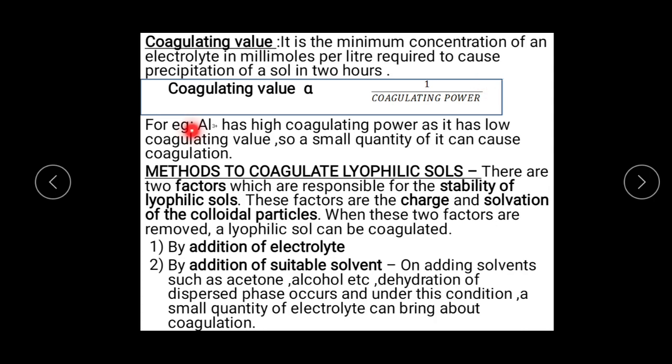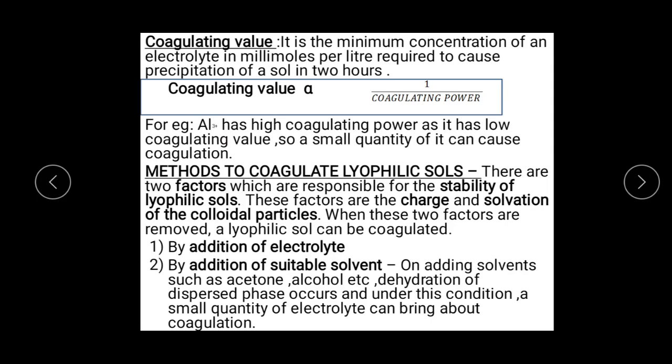For example, Al3+, the aluminum ion, has high coagulating power because its coagulating value is low. It means with a small quantity of it, coagulation can be caused. Since its coagulating value is low, it will have high coagulating power. So it means with very little aluminum ion, coagulation can be done.